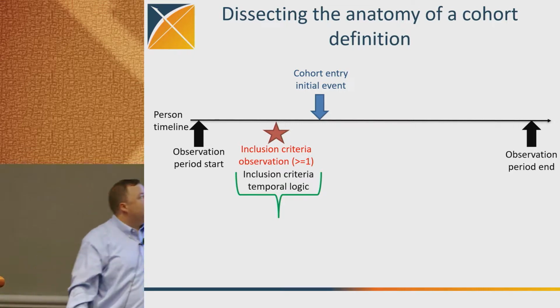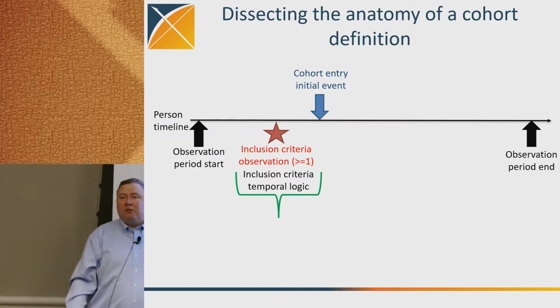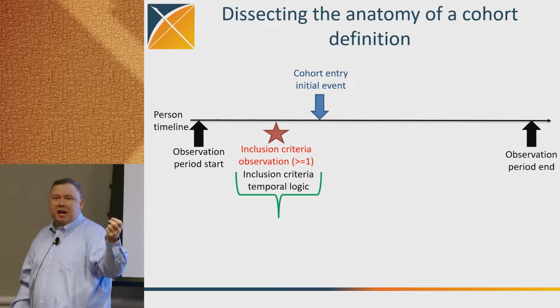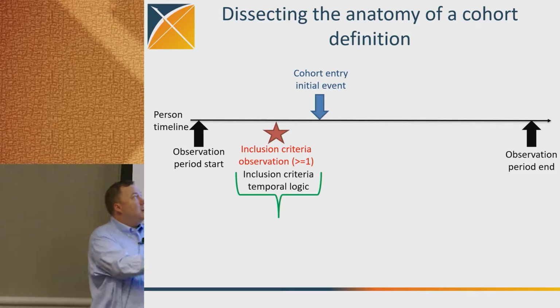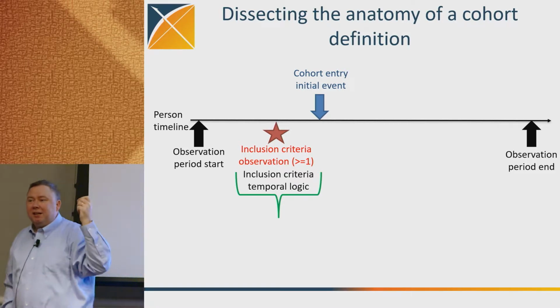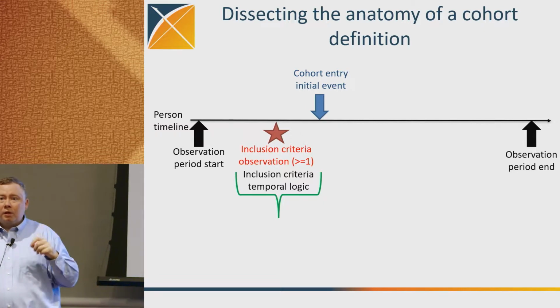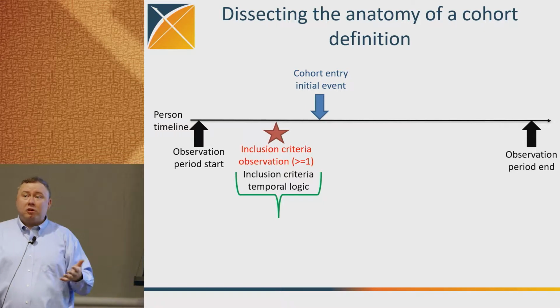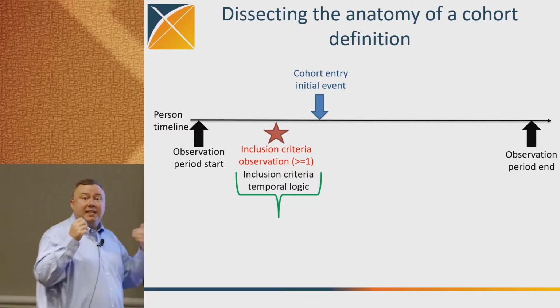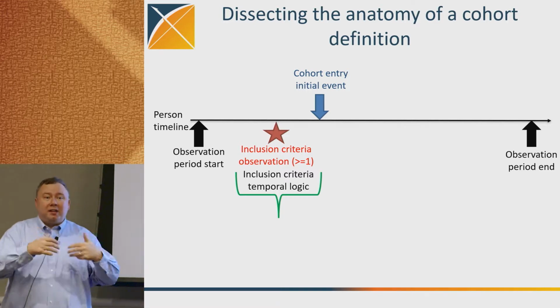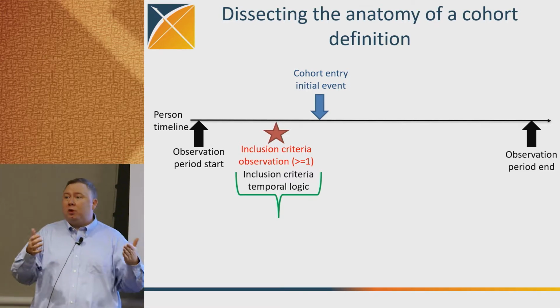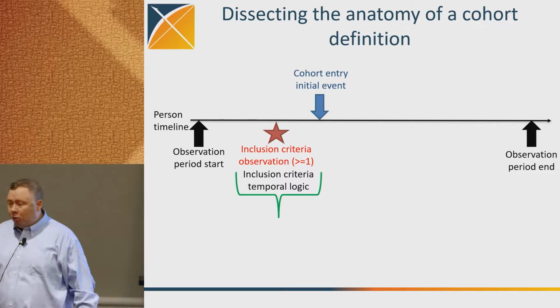And so we could have an inclusion criteria that says, I've got to observe at least one atrial fibrillation diagnosis in some unit of time preceding that initial event. So we can define inclusion criteria to look for things that did happen, and require that they have to be observed to happen in order for someone to remain in our cohort.